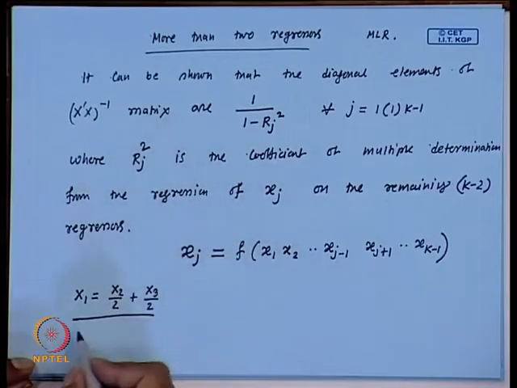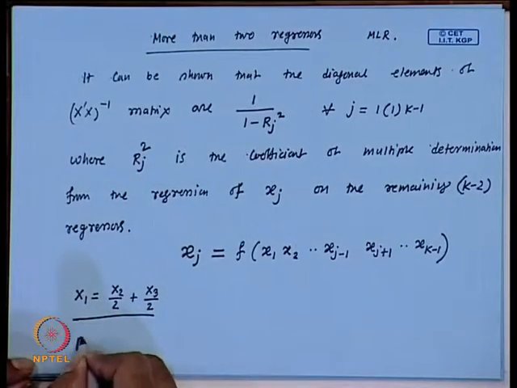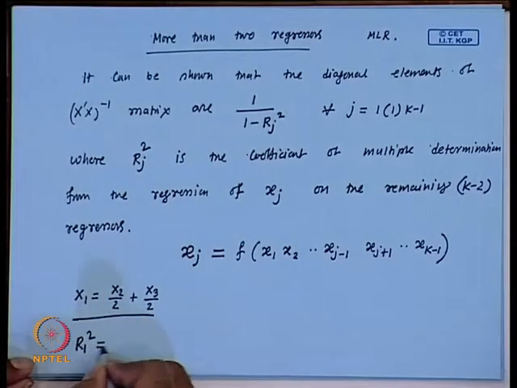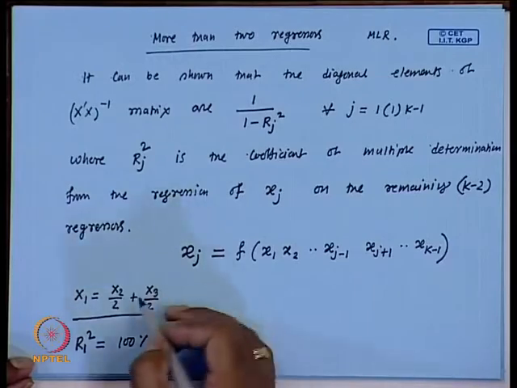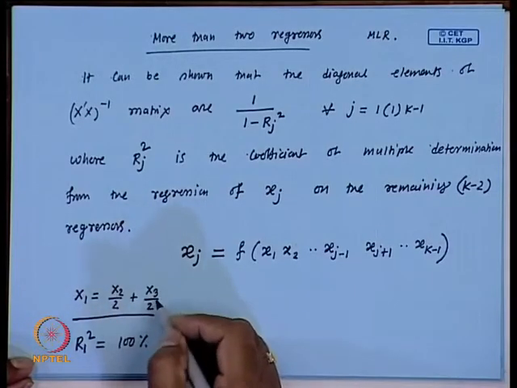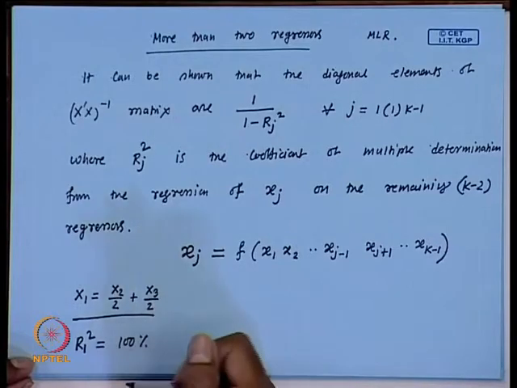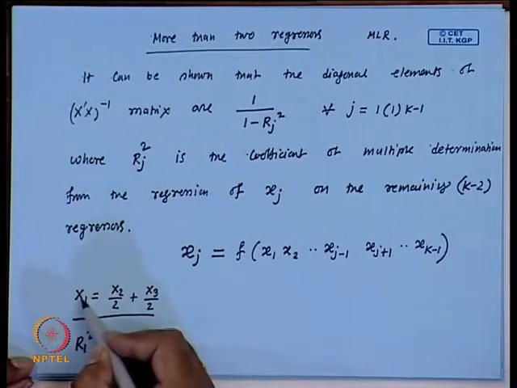The coefficient of multiple determination for this example is basically R1 square, and here R1 square is 100%, because X2 and X3 can explain 100% of the variability in X1.